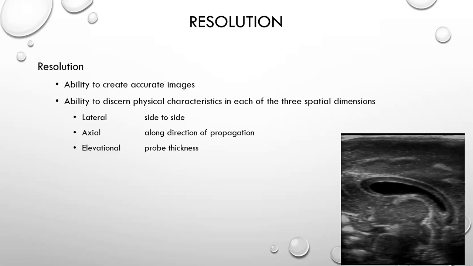Lateral resolution is our side-to-side resolution that is perpendicular to our beam path. Axial resolution is along our beam path or parallel with the beam path. And elevational resolution is the thickness resolution, or as we call it, slice thickness.